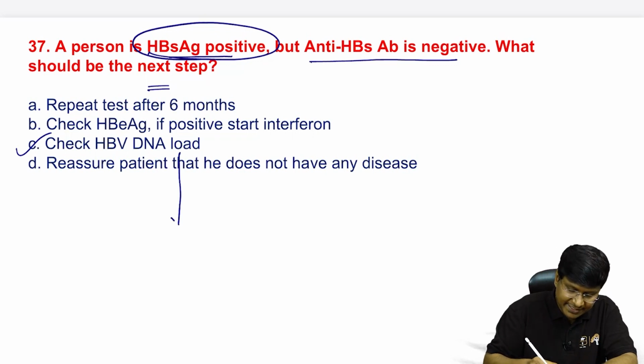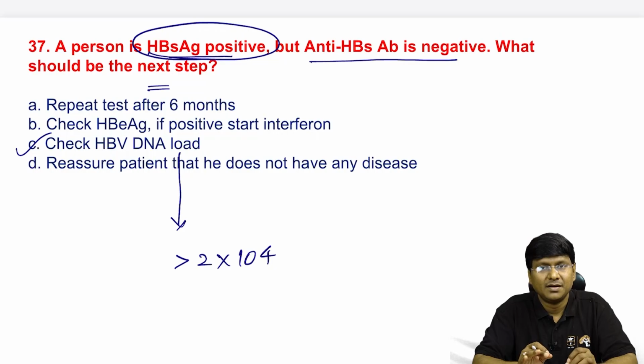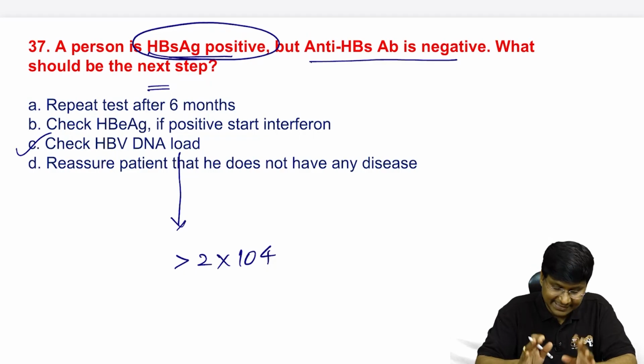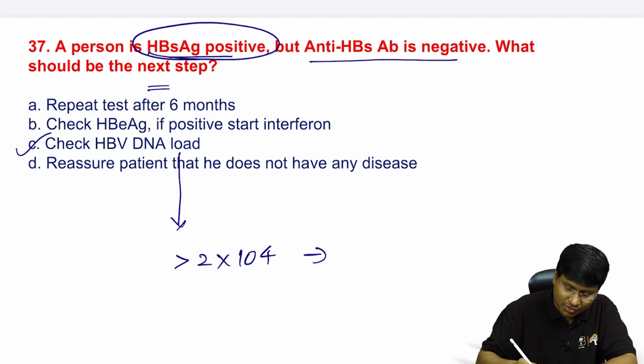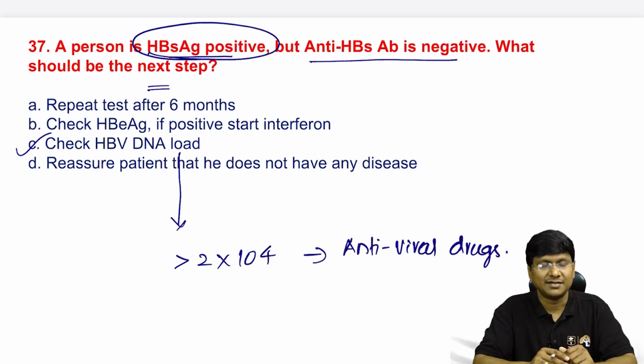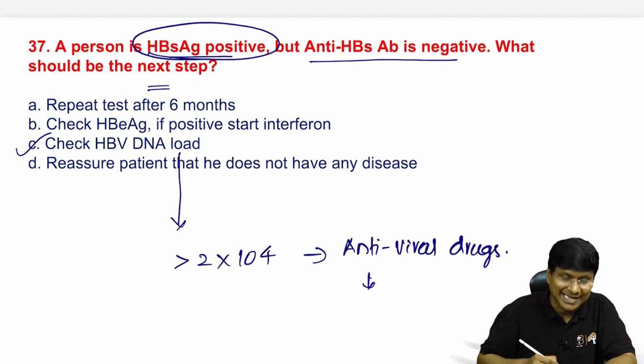If the HBV DNA level is more than 2 into 10 to the power of 4 viral particles per microliter, then you should start the patient on antiviral drugs. And what are the antiviral drugs?